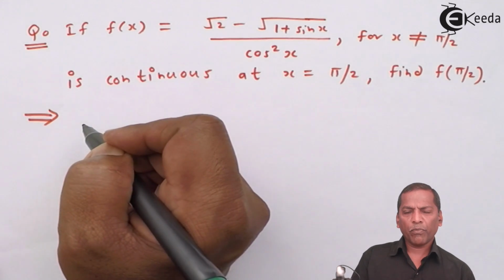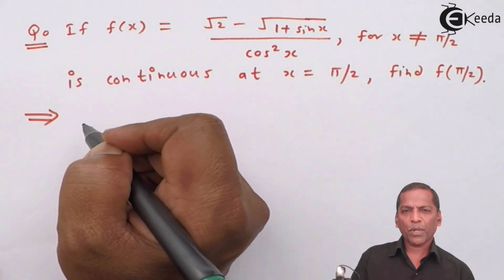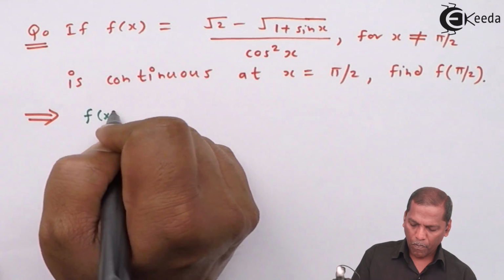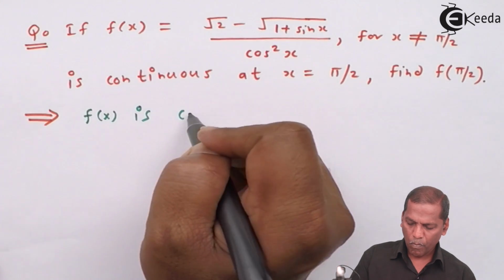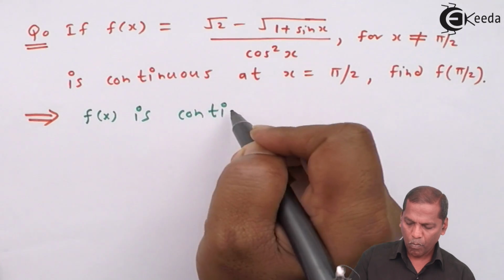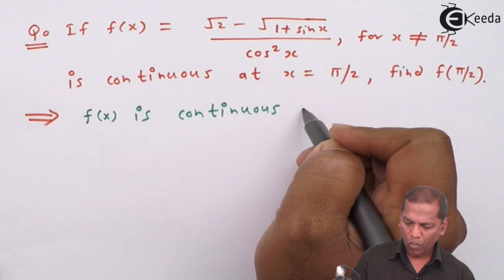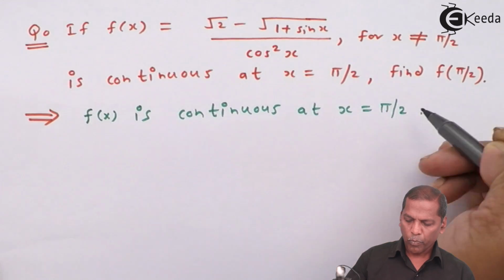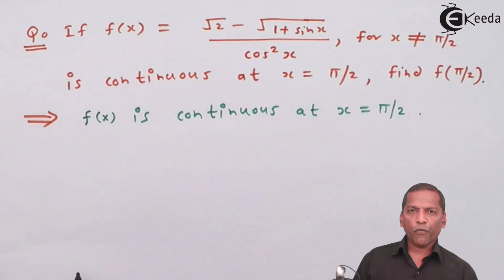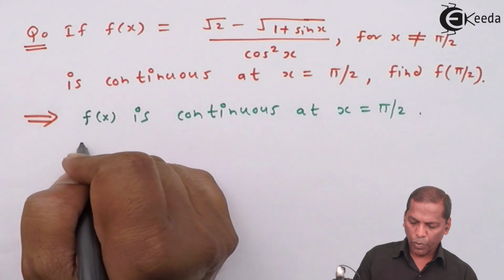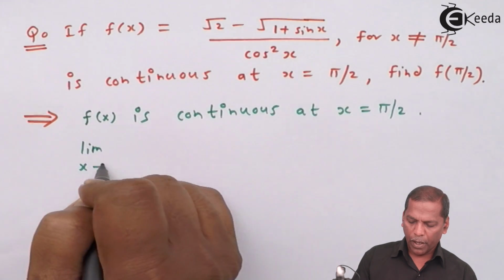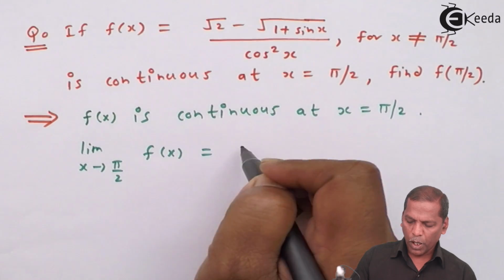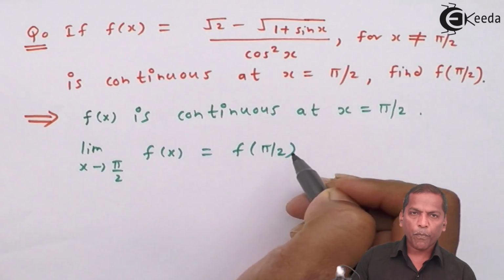Here, first of all, given that f of x is continuous at x equal to pi by 2. So by using the definition of continuity, we have limit x tends to pi by 2, f of x is equal to f of pi by 2.